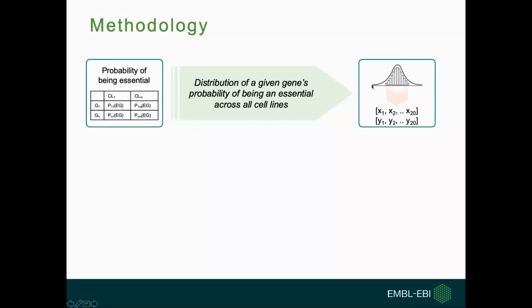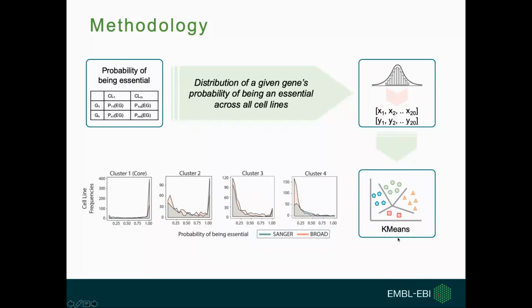When we take this distribution of a given gene's probability of being essential, we discretize it and create arrays of the probability distribution. We just turn these continuous values into discrete values to run k-means clustering.